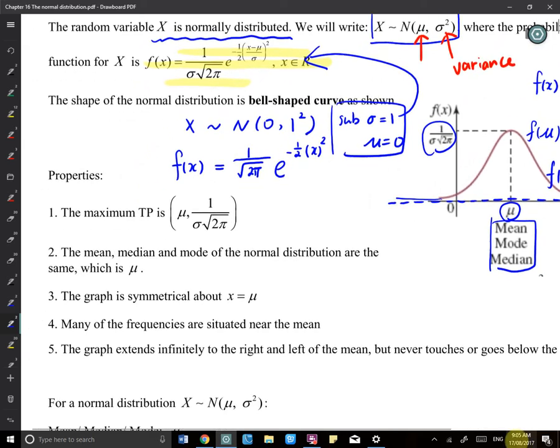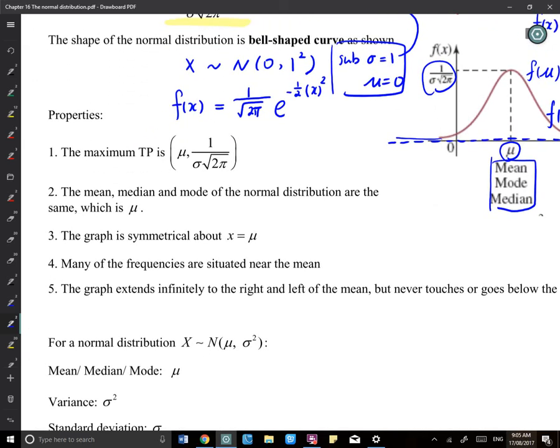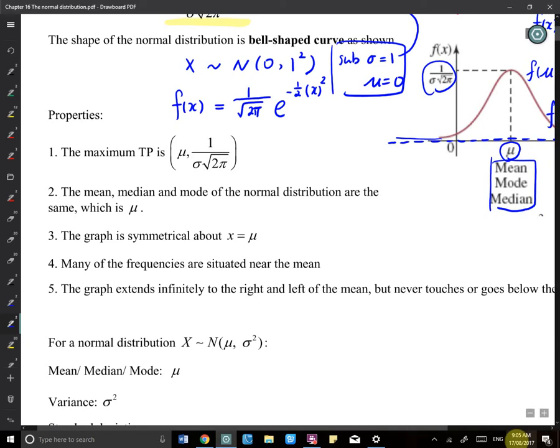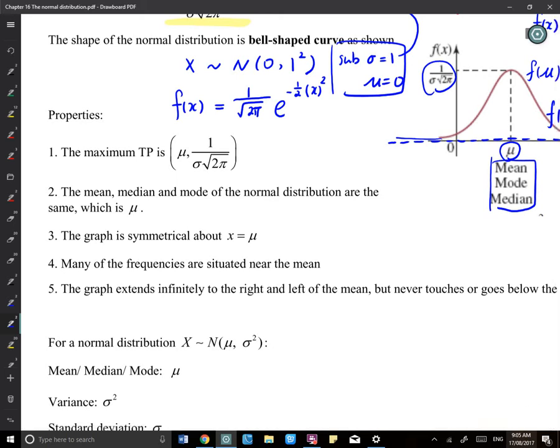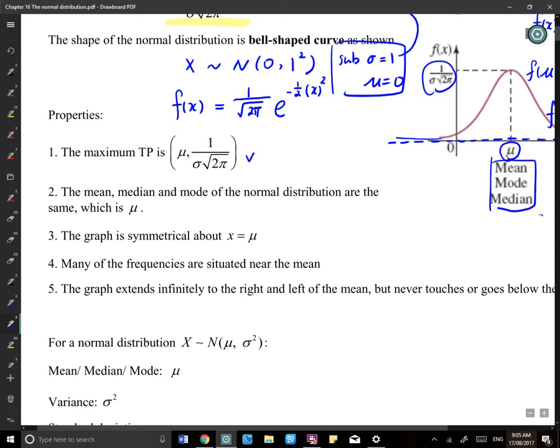Let's have a look at the properties for this distribution. The first property: the maximum turning point is at mu comma 1 over sigma square root 2 pi. Remember that, we need to use that later.